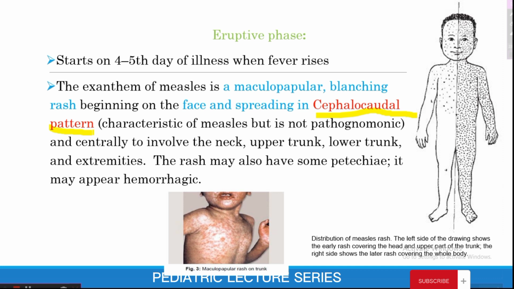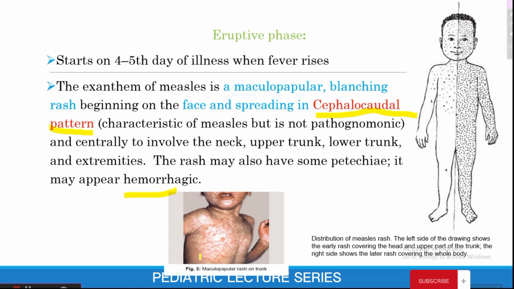It spreads from the face and then comes to the upper trunk, lower trunk, and finally the extremities. This rash may also have some petechiae and may appear hemorrhagic.